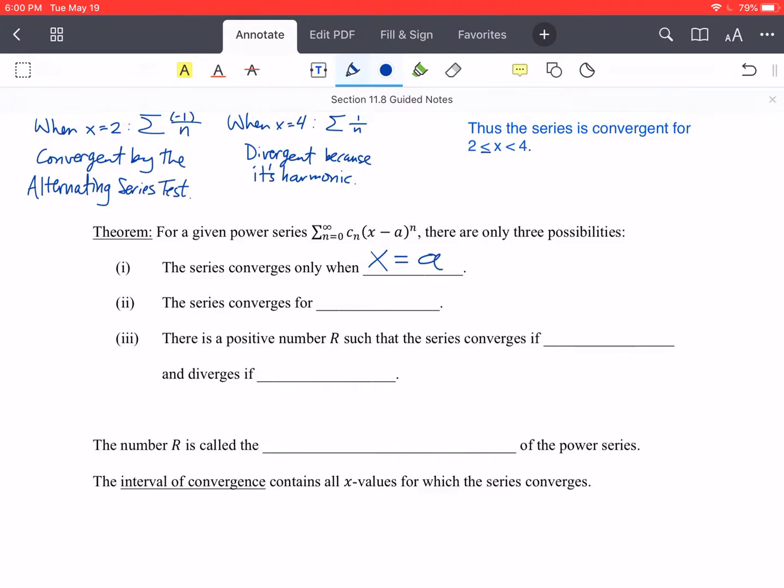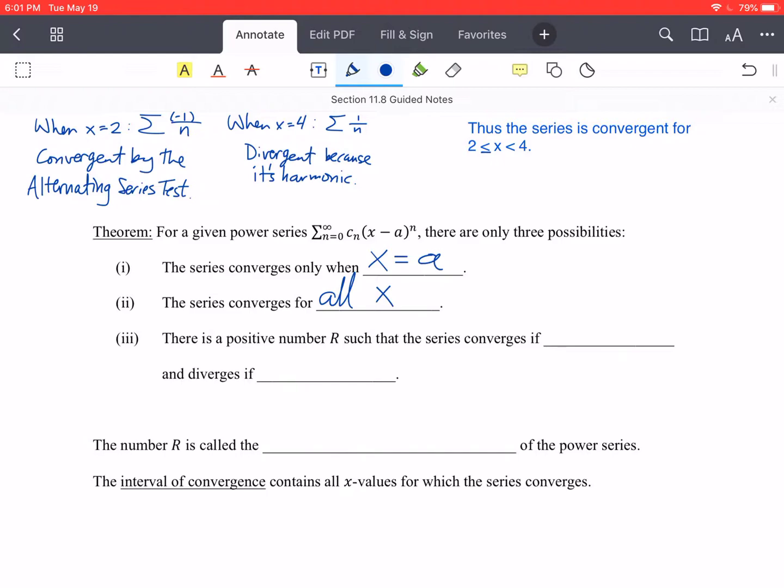Right? And we saw that it will always converge when x equals a. So we always have that value. Or it could converge for all x. So it could possibly be convergent everywhere.